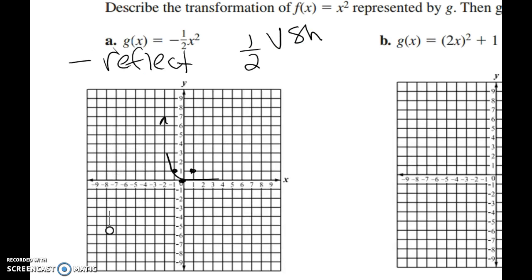There's our regular parent function. Our new function will reflect, so it'll be upside down and it'll shrink by a half. So the (0, 0) will be the same, but instead of going to a height of 1 for this next point, you're only going to go halfway there. Notice it looks a little wider.